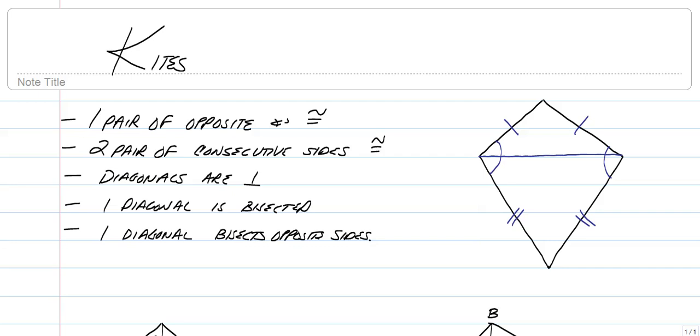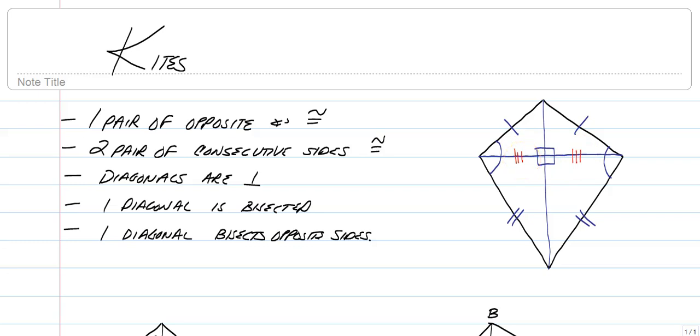The diagonals are going to be perpendicular. So once we draw in the other one, all of these are going to be 90 degrees. So we have to look at our diagonals because those are going to do different things. The diagonal that goes from the congruent angle to the other congruent angle is going to be bisected.